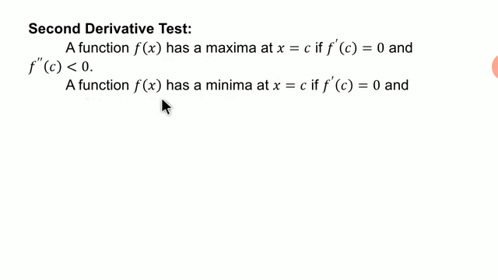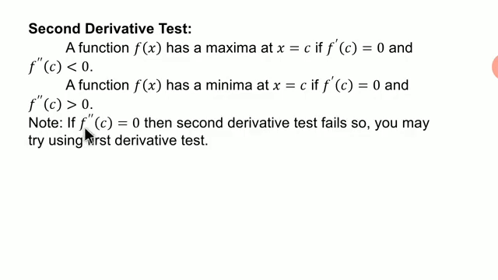And a function f of x has a minima at x is equal to c if f dash of c is equal to 0 and f double dash of c is greater than 0. That means the value of derivative is 0 and value of double derivative is positive at that point, then the function has minima at the given point.